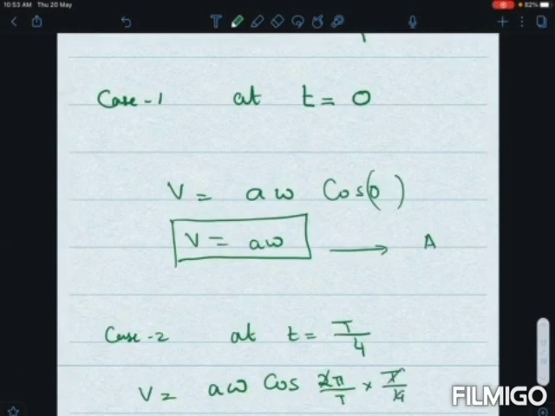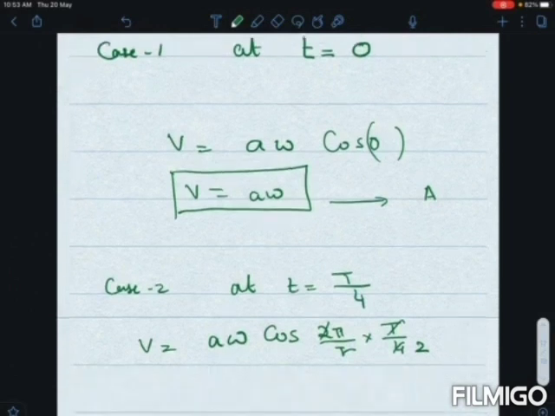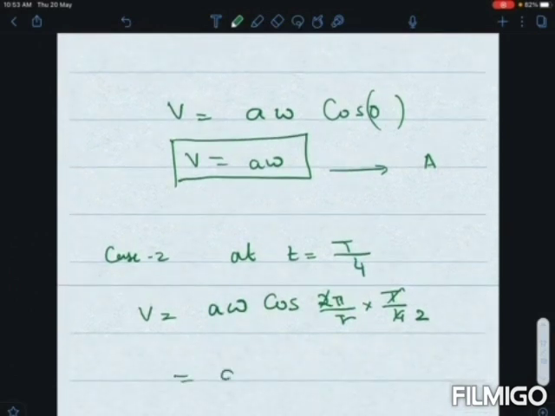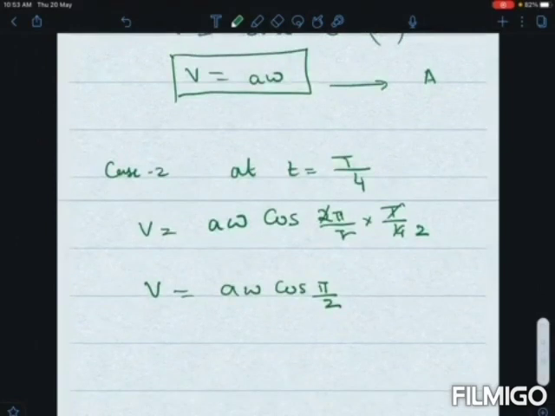So you know it is cos pi by 2, and cos pi by 2 is nothing but 0. Therefore the whole equation 7 gets to 0. So in this case V is equal to 0 at t is equal to T by 4. That's my second case.